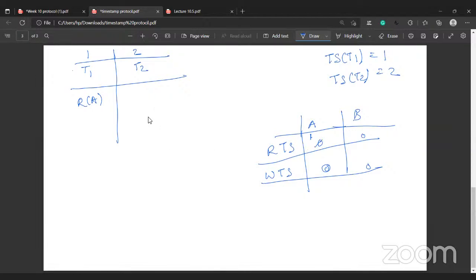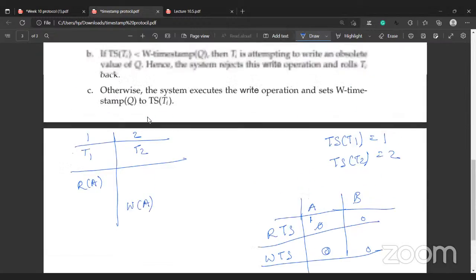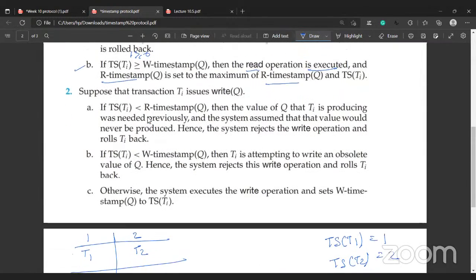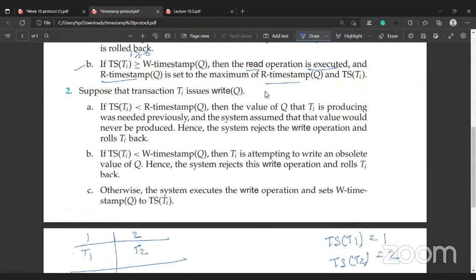Now transaction T2 wants to perform, suppose, a write operation. So you have to check this condition. T2 issues a write operation on data item A. The transaction timestamp of T2 is 2.